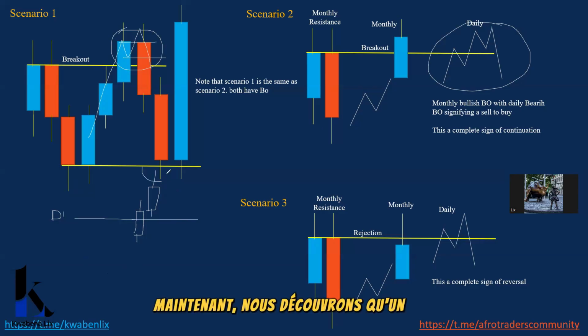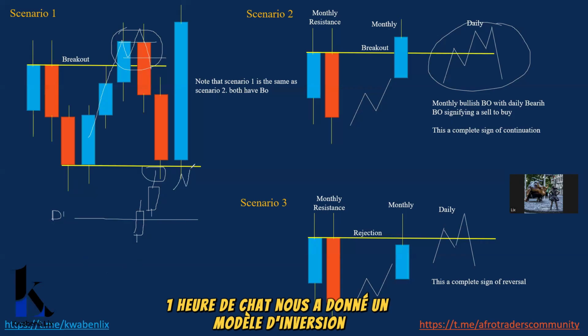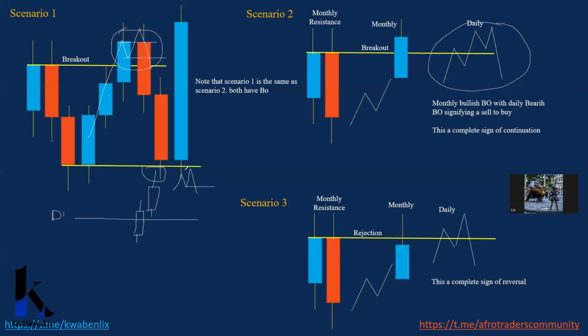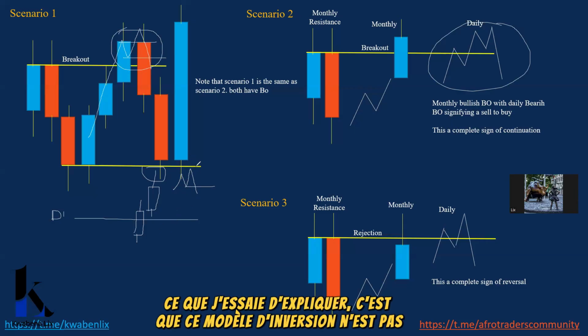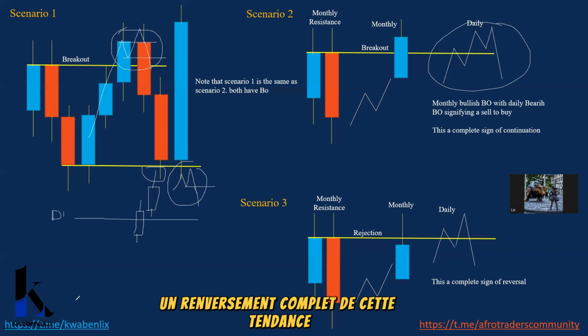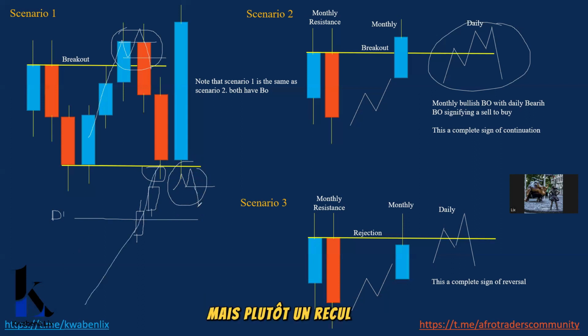Now here we find out that a 1 hour chart has given us a reversal pattern, without a rejection, or with a small rejection. What I'm trying to explain is that this reversal pattern is not an entire reversal of this trend, but rather a pullback.